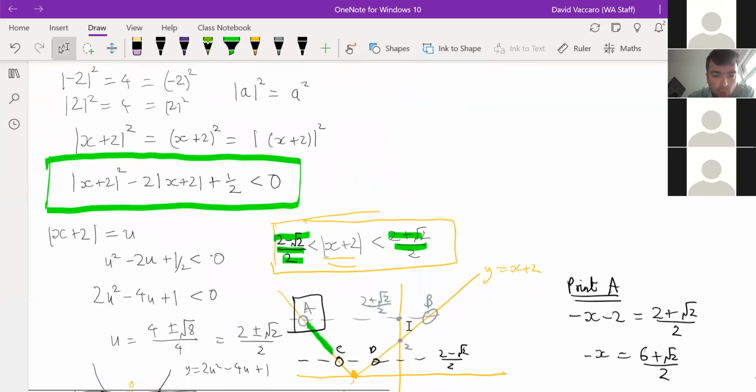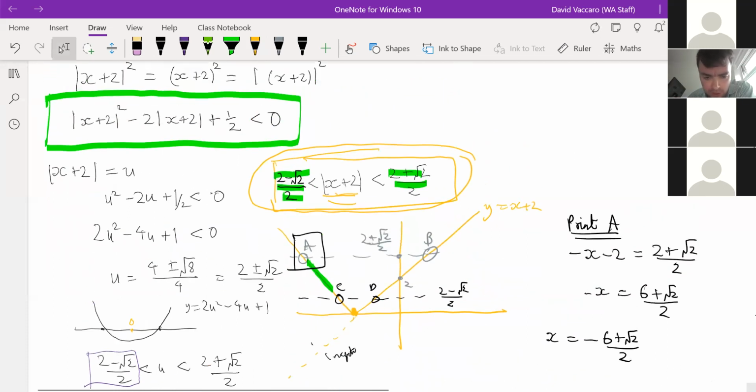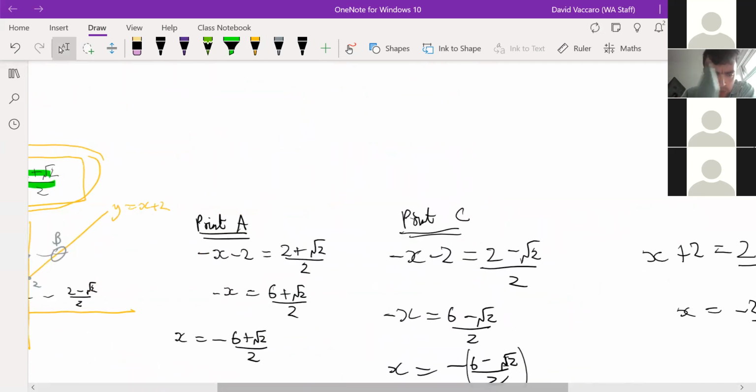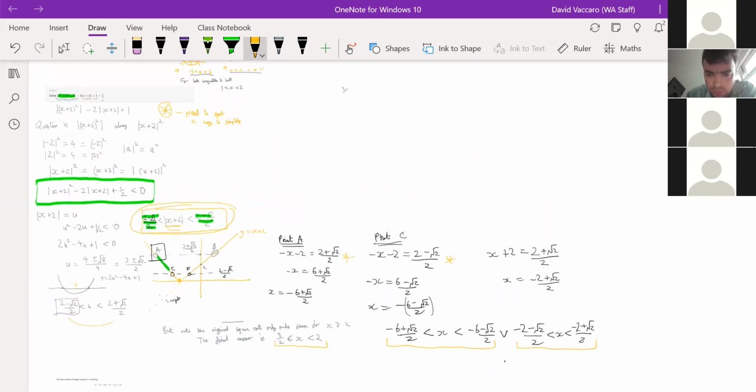Once we'd simplified to this, restricting the modulus to lying within a certain range, we see yet again the advantage of sketching things for modulus inequalities. And the sketch really then helps us to identify the algebra that we need to do to find the 4 points.